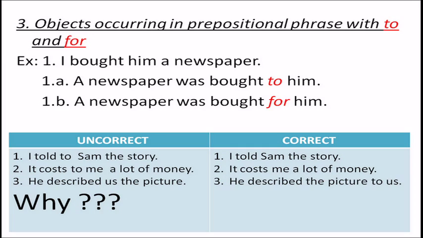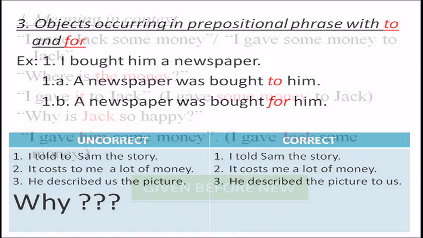Okay, and the last part is the meaning in context, and this one will answer the question: is there any difference between two sayings? I gave Jack some money and I gave some money to Jack. A student answered this question like this: there's no difference, just an exchange between the positions of the direct and indirect object.